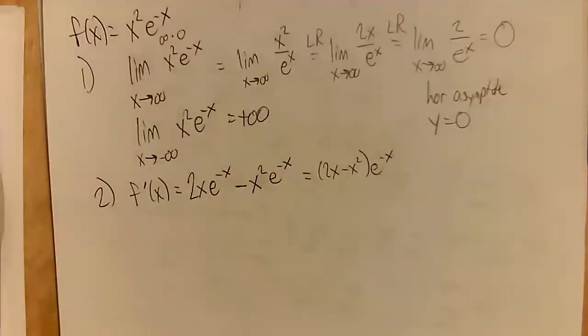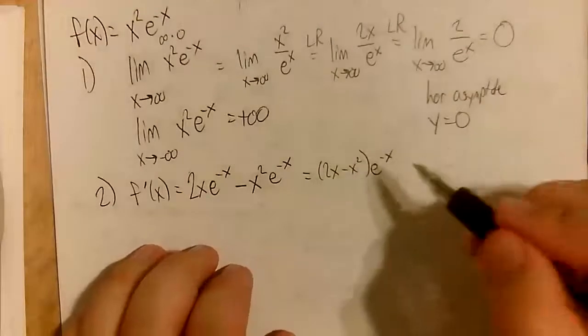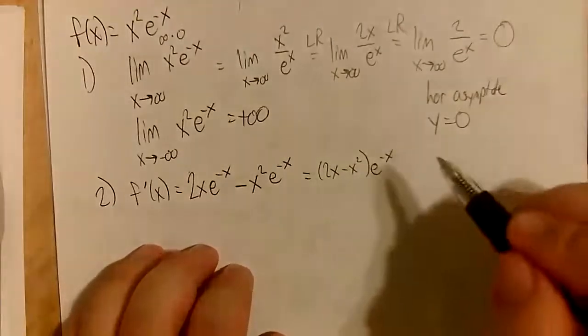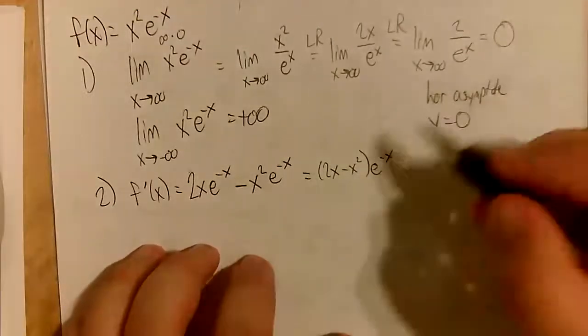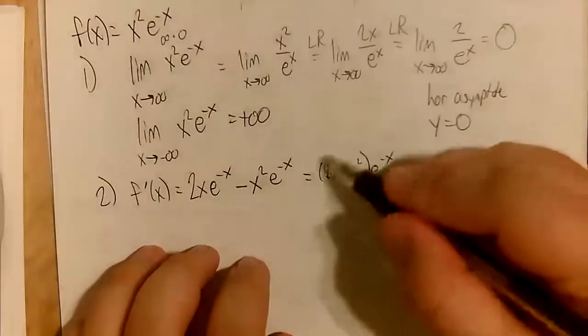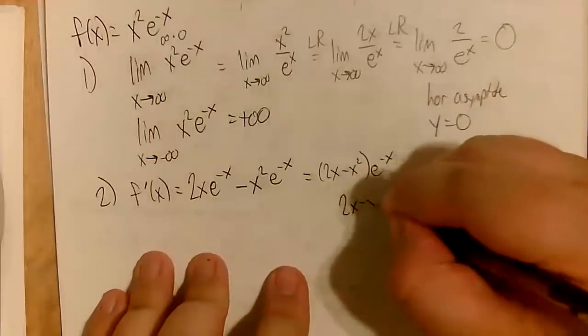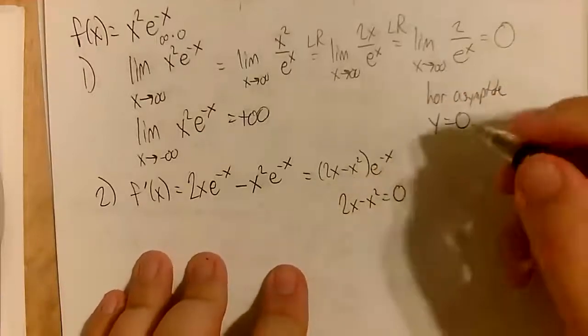All right, so I'm looking for critical points where our derivative is undefined or 0. Now, again, this is an exponential times a polynomial, not going to be undefined, but it could very well be 0. Exponential functions are never 0, so that leaves this. Maybe this right here is going to be 0. 2x minus x squared equals 0.